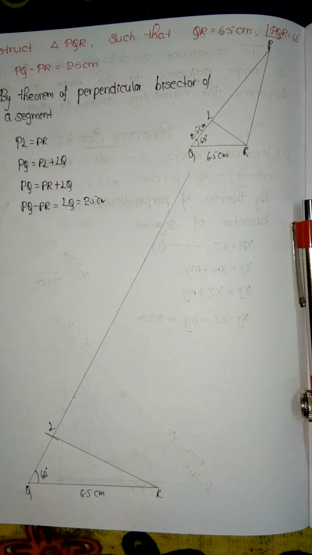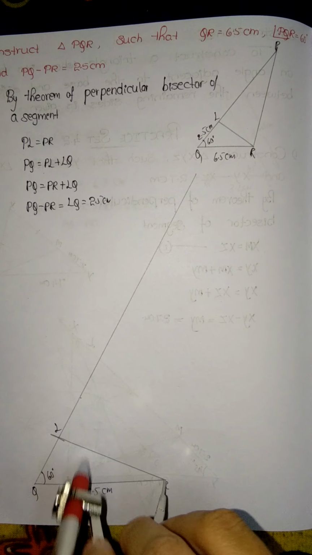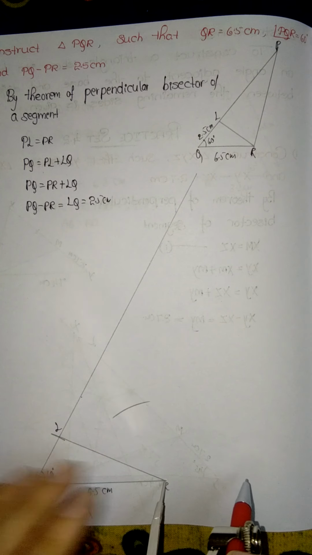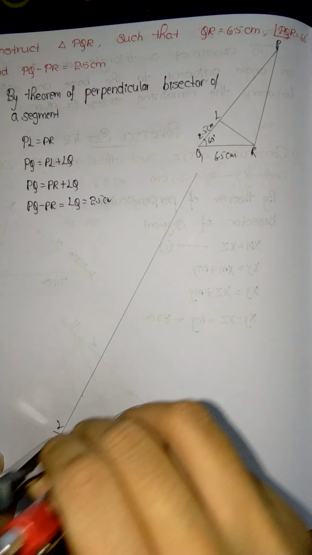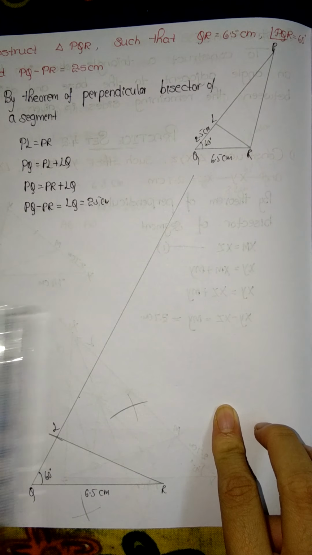Now take the perpendicular bisector for this LR, keep the compass on L and cut this arc, join the line and extend it.